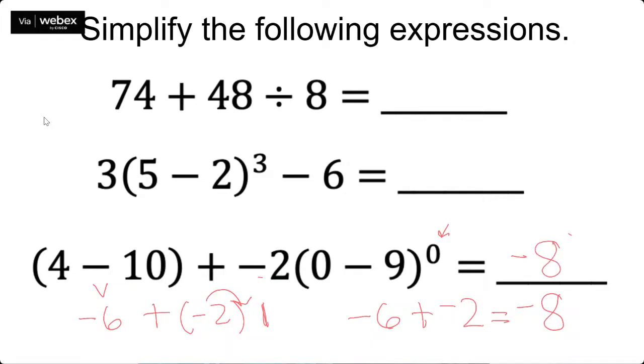Look at you guys simplifying expressions. Do you think that you would have known how to do this prior to coming to class today, seeing a problem like this and knowing exactly what to do? Whether you did or you didn't, you are getting stronger in solving mathematical expressions. Okay, great job.